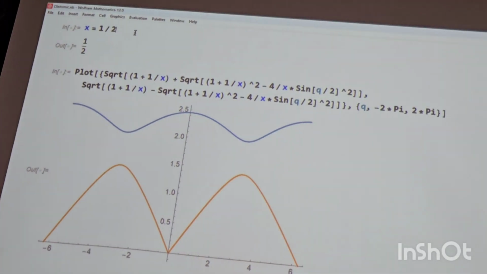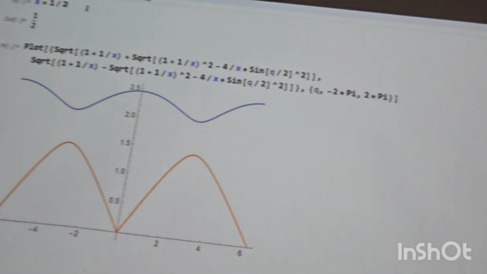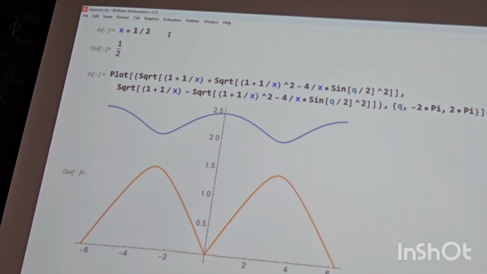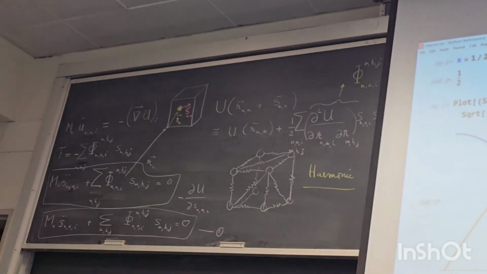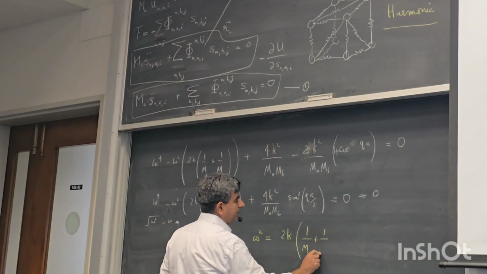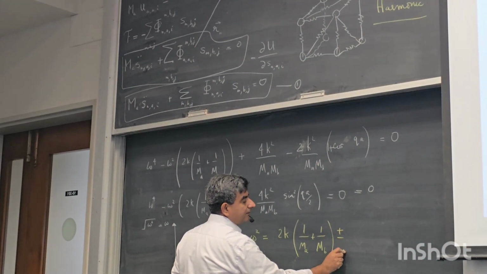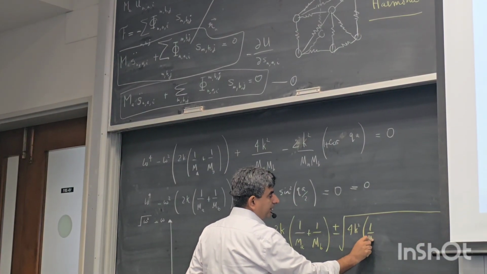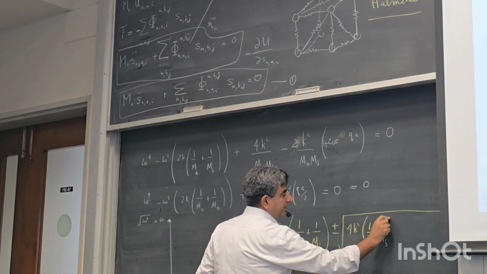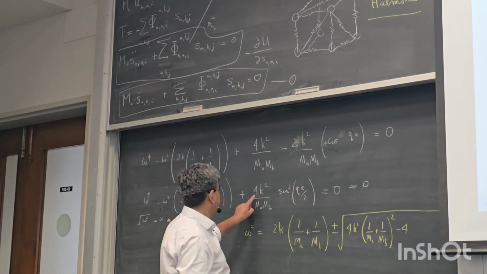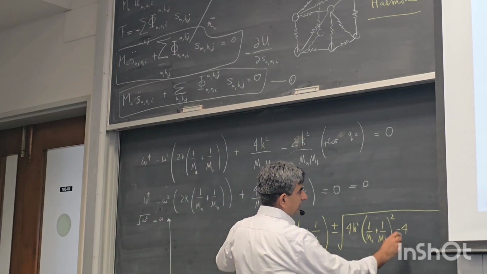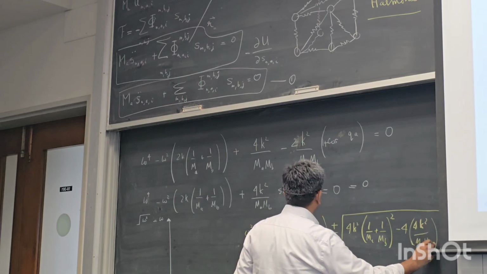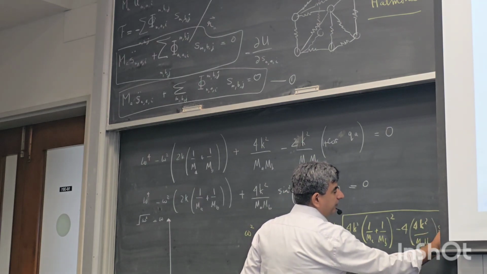Omega square is 2k times 1 over MA plus 1 over MB, plus minus the square root of 4k square 1 over MA plus 1 over MB squared minus 4 into this, all of this, 4k square over MA MB sine square QA over 2.